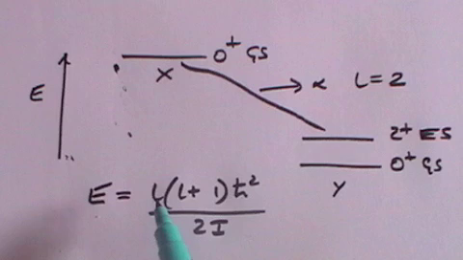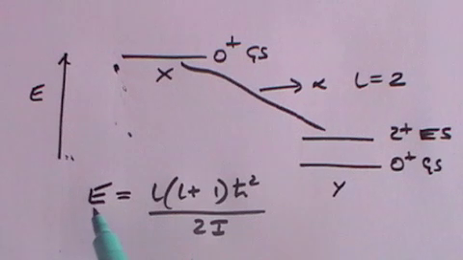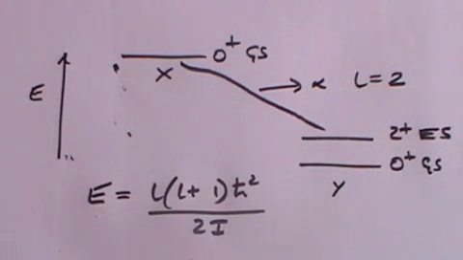But in quantum mechanics terms, L squared, the operator, is L into L plus 1. So the energy would be L into L plus 1 h bar squared over 2I, where I is the moment of inertia. This was all done in the video on the collective model, looking at rotational nuclei.